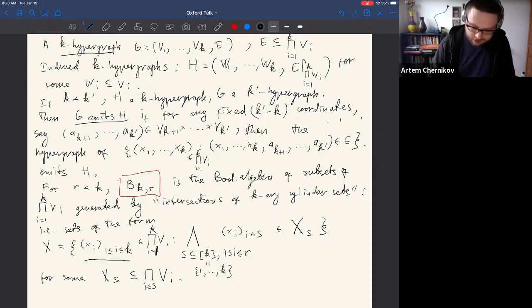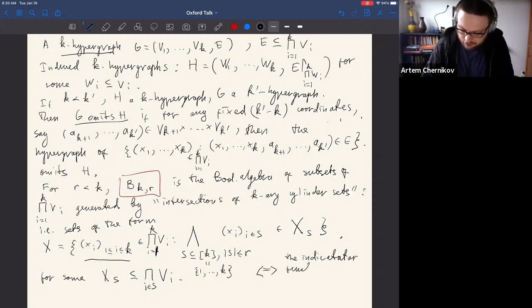Now we have such sets, intersections of cylinder sets. Intuitively, you can think about it as saying that the indicator function of the H relation is a product of functions depending only on at most r variables.